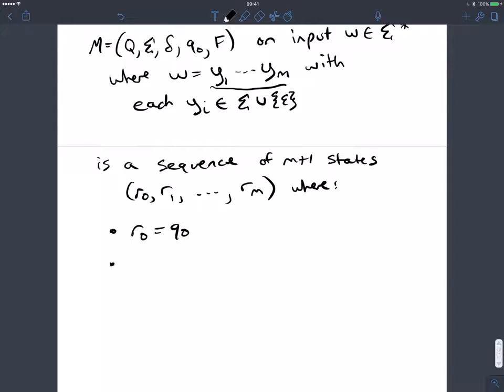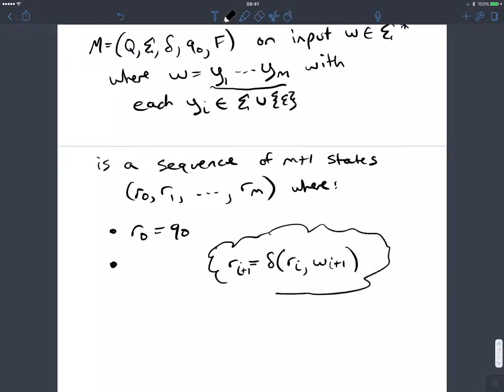And then for the second one, let's remember what we wrote, and it's not going to work here. So what we had was Ri plus 1 is delta of Ri with Wi plus 1. Why will that not work here?